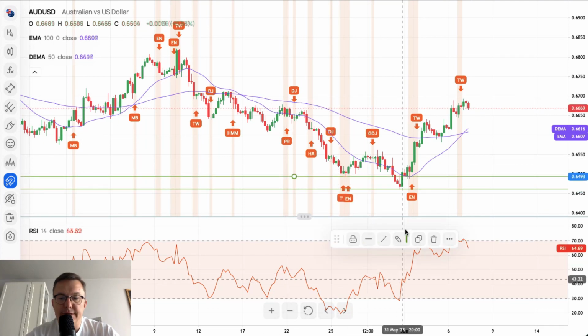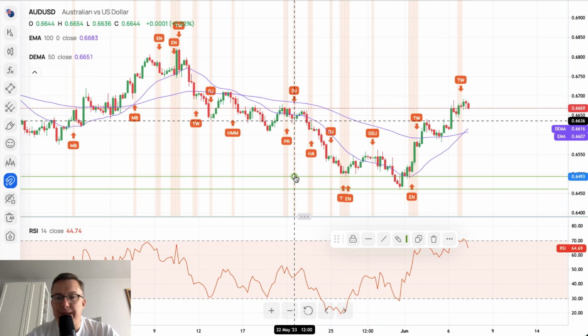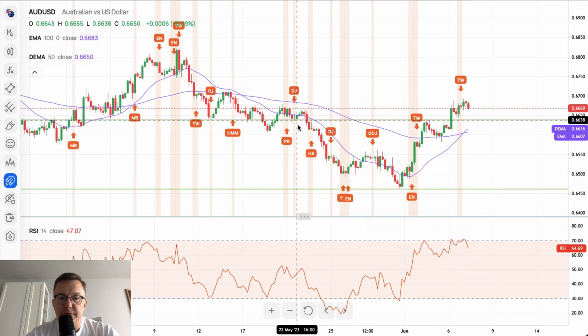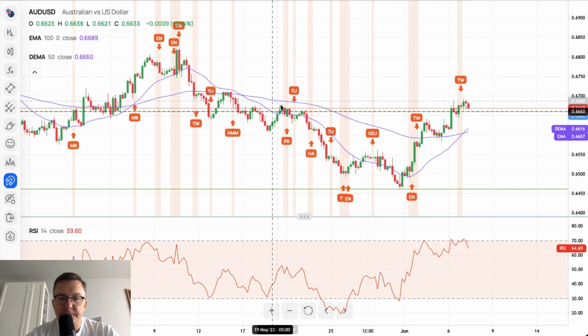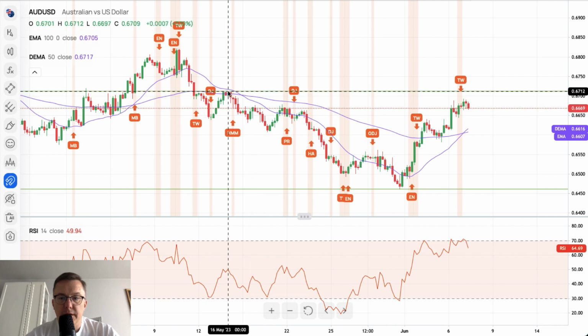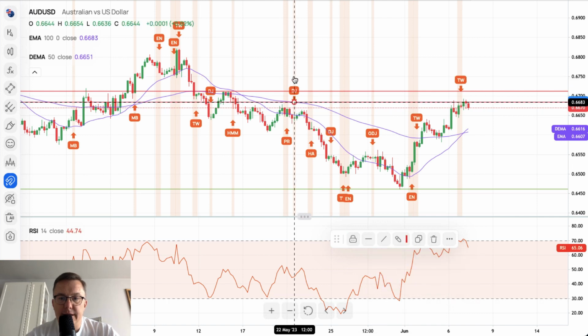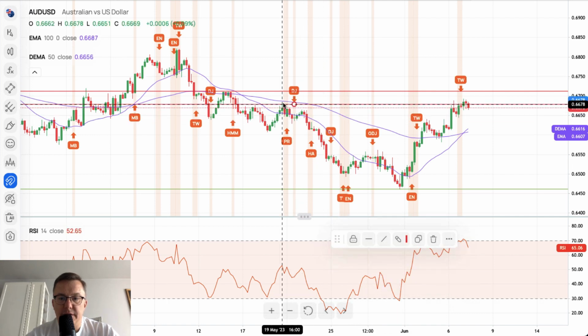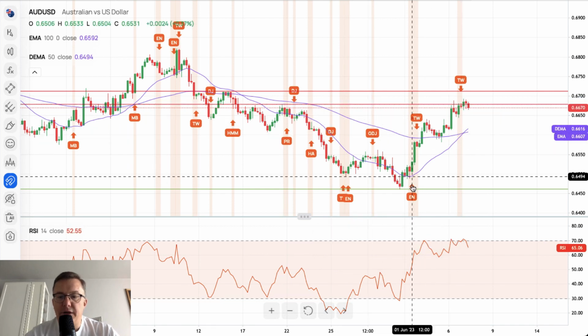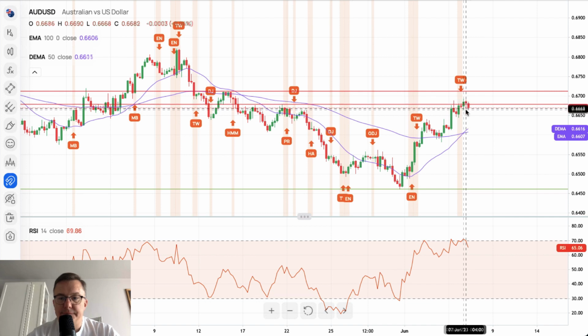The other one is of course located as a technical resistance right now at the level of 0.6771. So this is the level, and there is of course a technical resistance at 0.6678. Very steep movement to the upside.